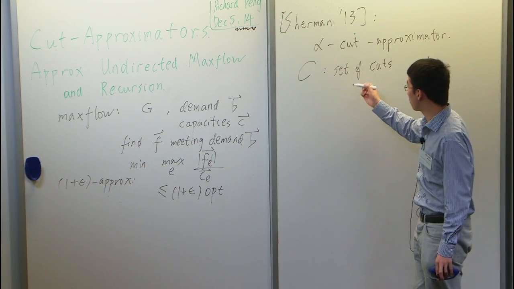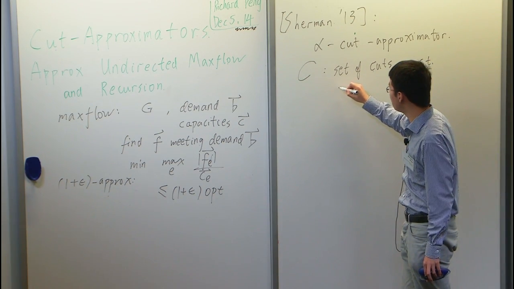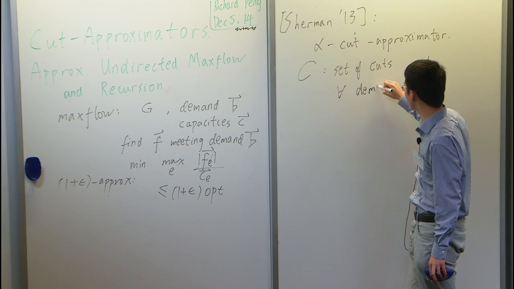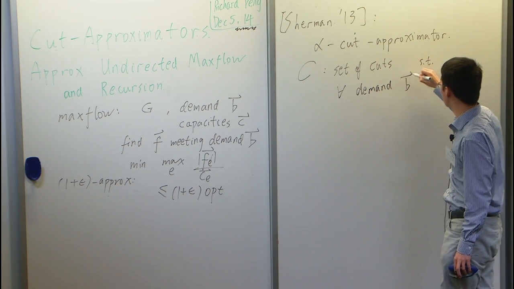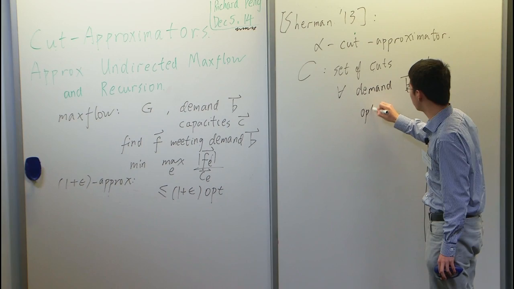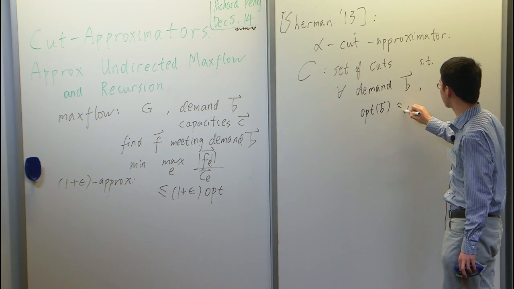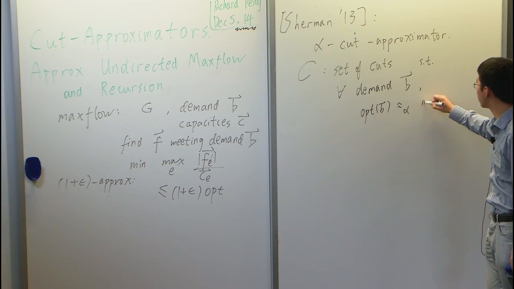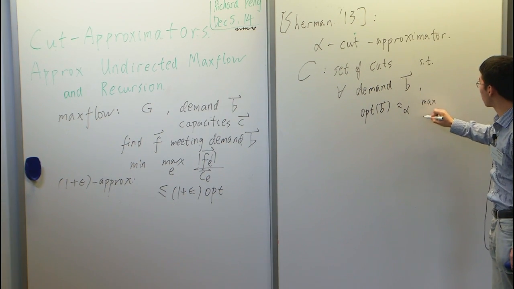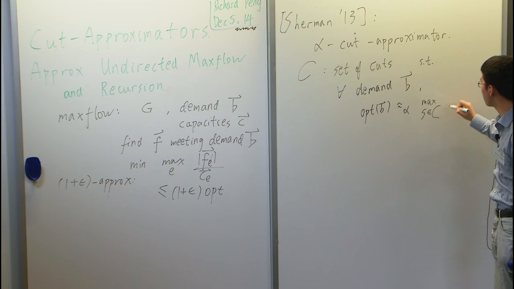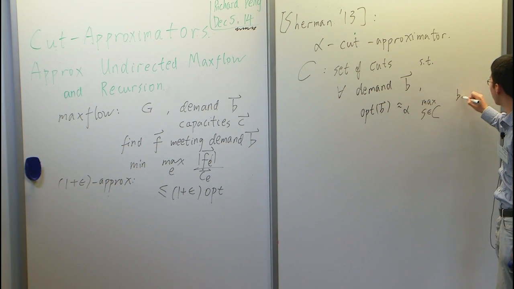Formally, for any B, opt of B is within a factor alpha of the max over all S in the cut family of the demand across it divided by the capacity across it.